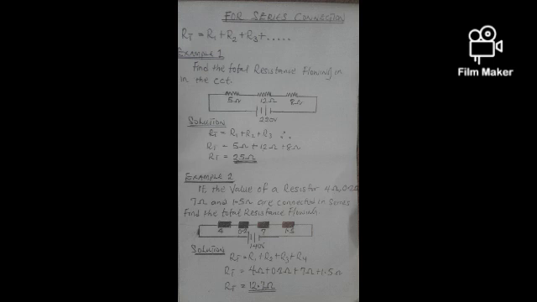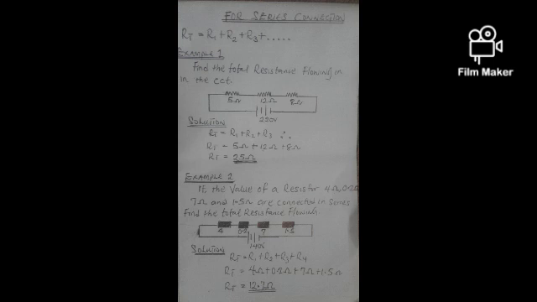Now, calculation aspect. We are told to find the total resistance in the circuit. R total is R1 plus R2 plus R3. All you need to do is add all the resistors together, and that will give you your final resistance. The same thing applies to example 2. At times they can give you only the wording.